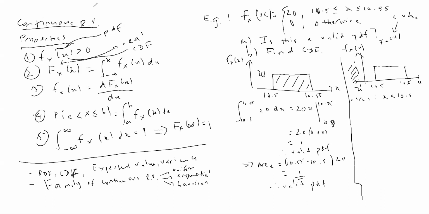What's the area covered? The CDF of X is the integral from negative infinity up to X of Fx of U du, which is the probability of X less than or equal to that value of X. So the answer here is 0.